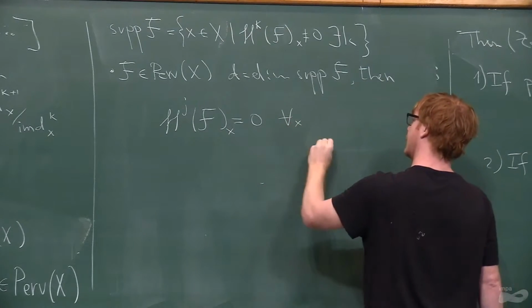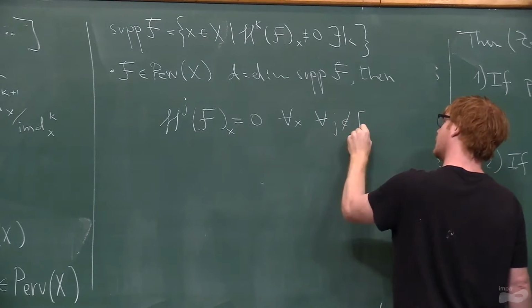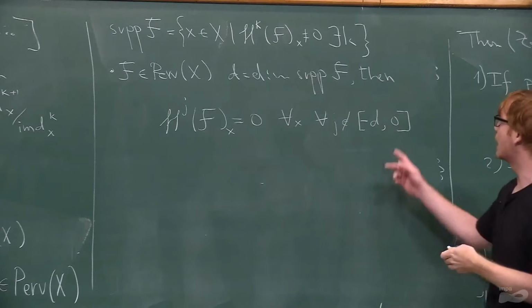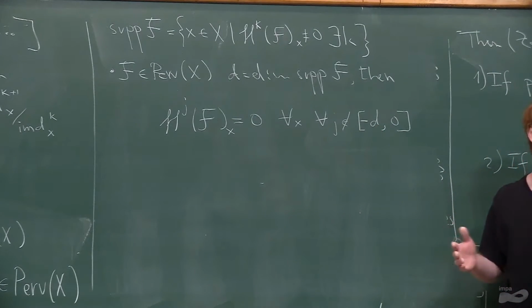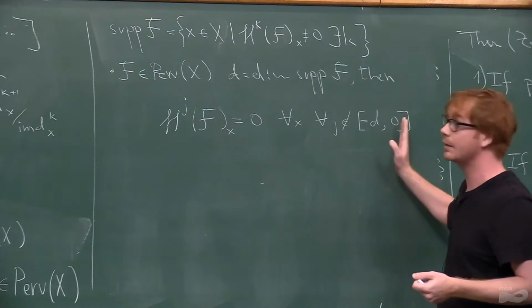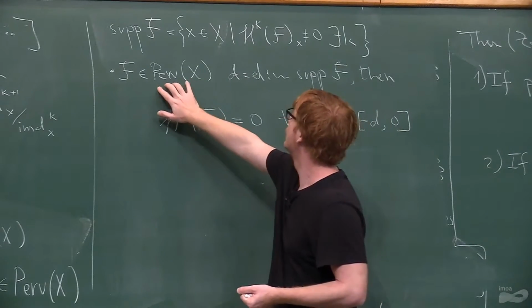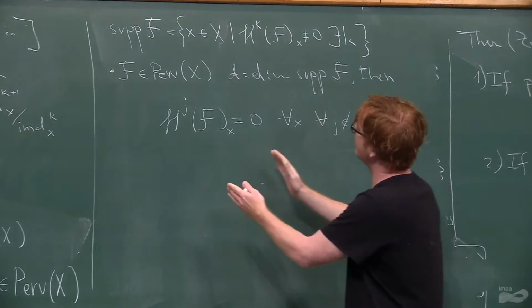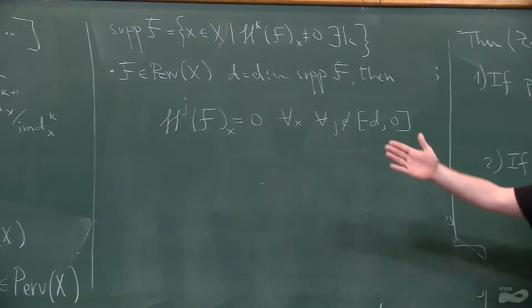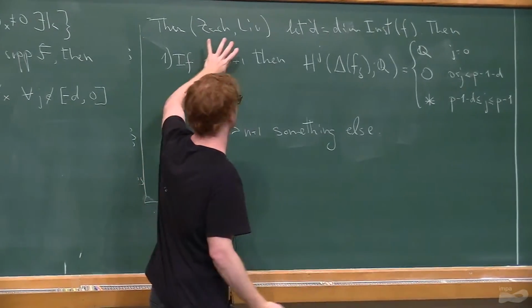For any X, for any J, the only degrees where I can have non-zero cohomology are between 0 and minus D. For some reason, the people that work with perverse sheaves like to put the non-trivial cohomologies starting from 0 and then going to the left. Okay? So whenever I have a perverse sheaf, I look at the dimension of the support, and I know that the stalk cohomology has to be concentrated from 0, D positions to the left. It's very similar to the Kato-Matsumoto thing. You know? It has this flavor, and also this flavor, right?